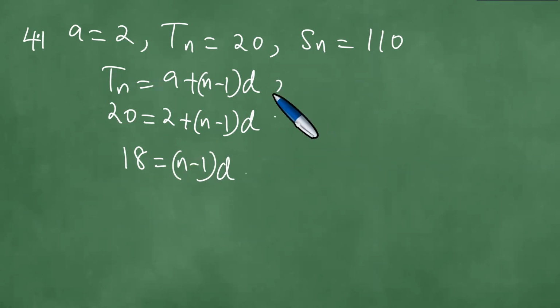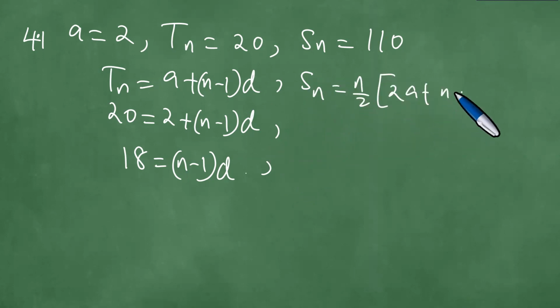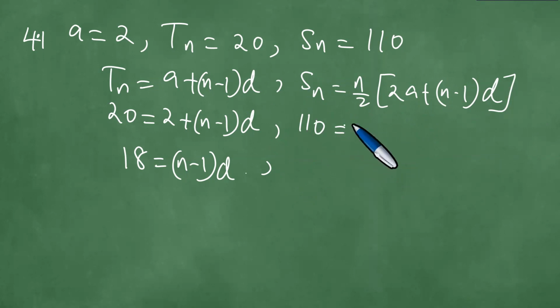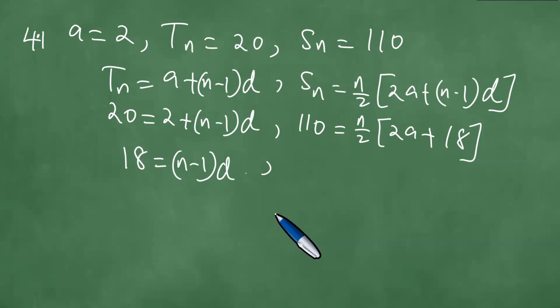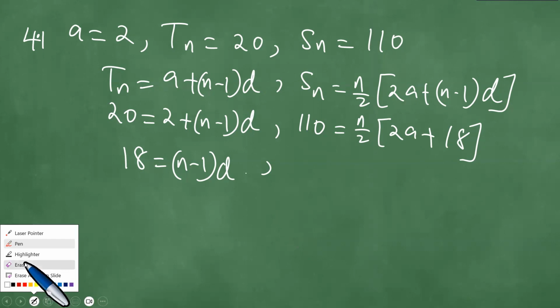Simultaneously, the student is going to explore the other summation formula. The student knows that Sn is n over 2 into twice a plus n minus 1 into the common difference, so 110 is n over 2 into twice a plus 18. We also know the a, so you can just plug that in here.